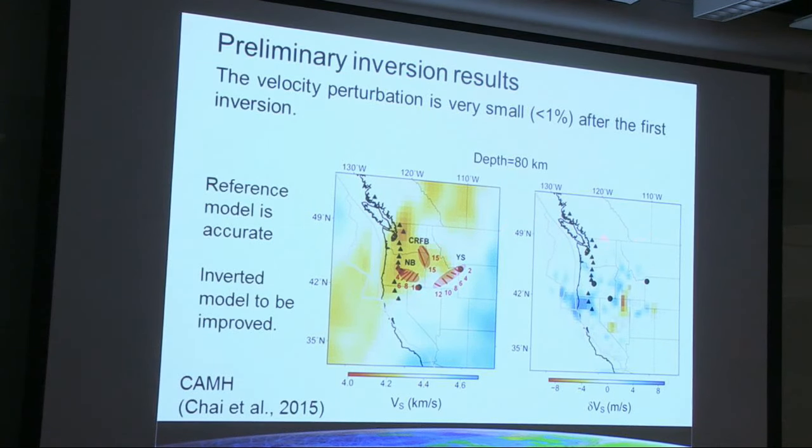However, the velocity perturbation is very small after the first iteration, and we think this means two reasons. The first is that the reference model is already very accurate based on the seismograms at different stations, and the second also means the inverted model needs to be improved.